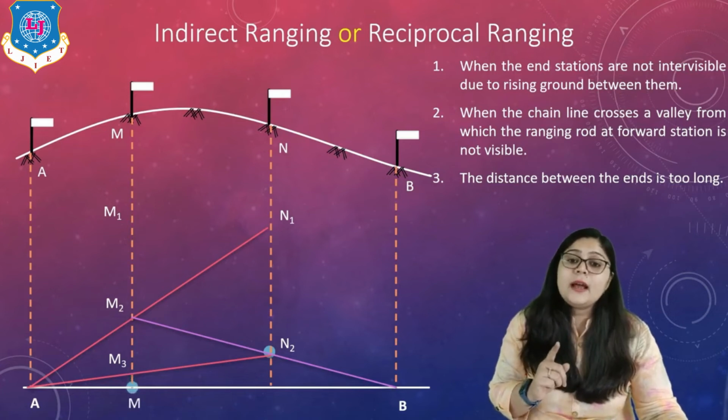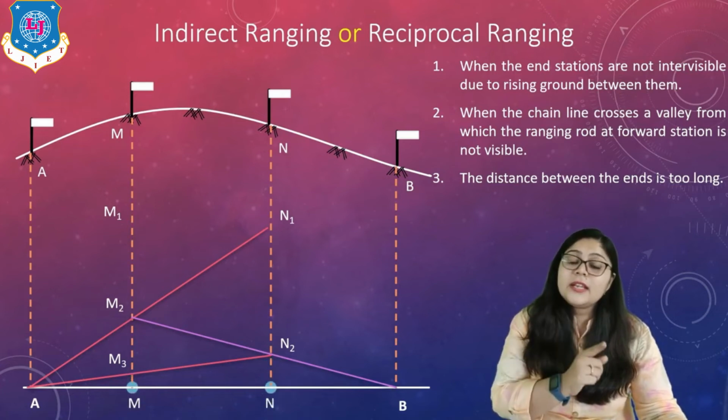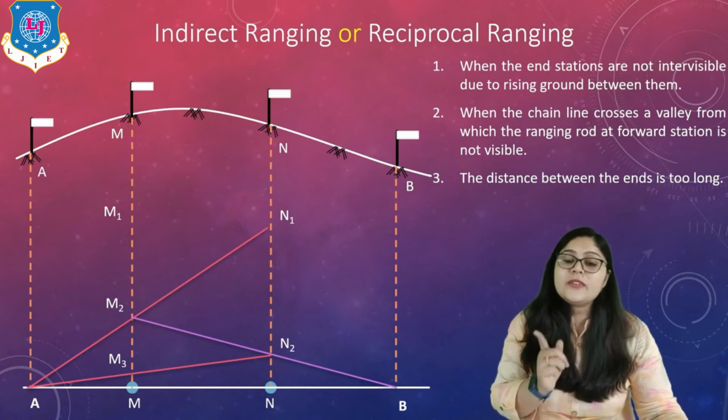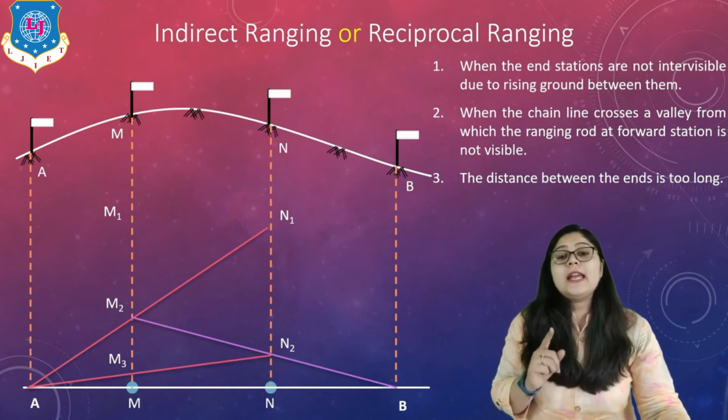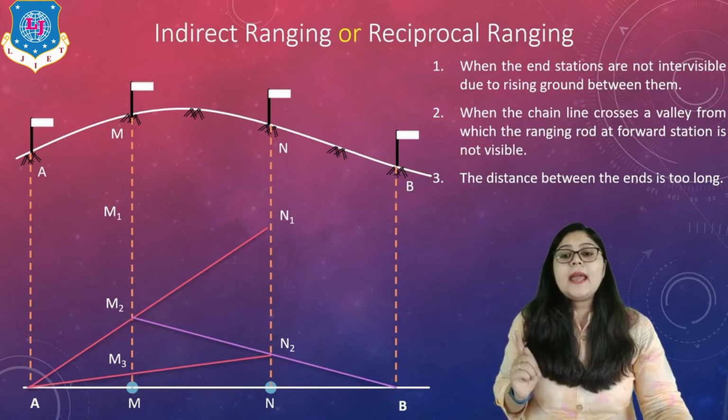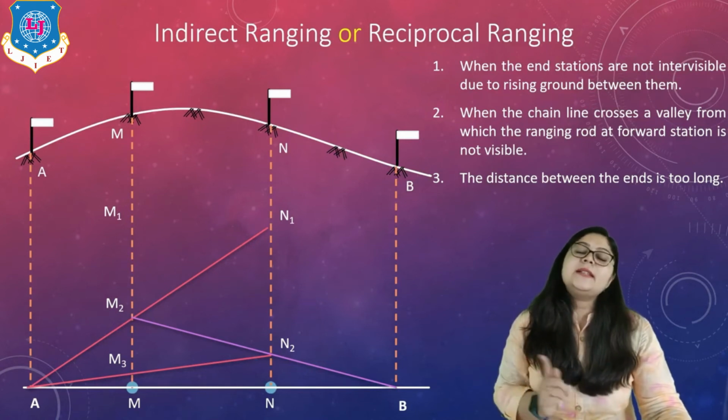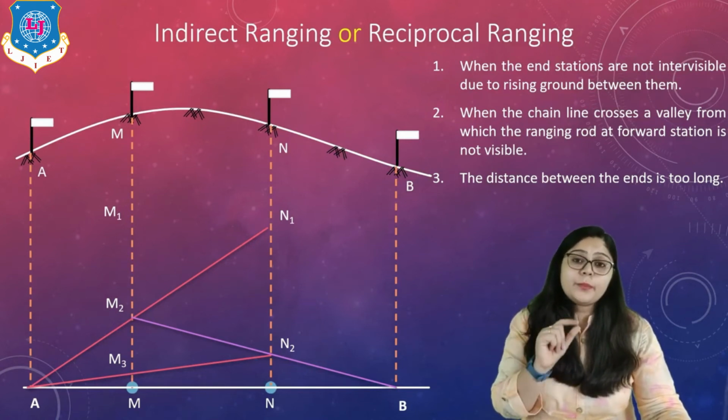As you can see, I have got three triangles or three visions, and lastly I have found points A, M, N and B in the same line. So this is the procedure.